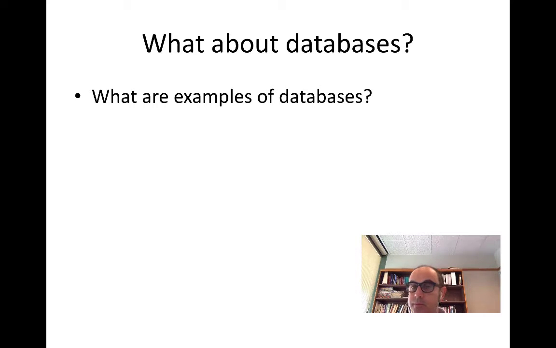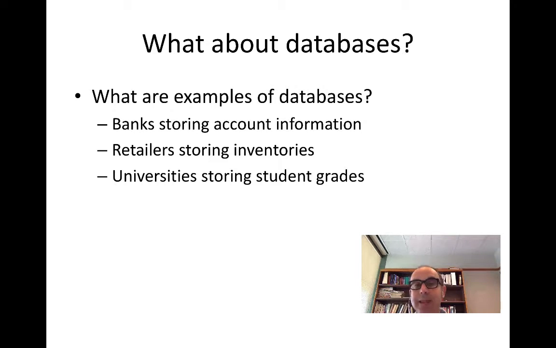But before we talk about searching in Google or in any other place, we need to talk about databases. And what are examples of databases? Usually a database is not only Excel, but it's where banks store account information, where retailers store their goods, or investors, or universities scoring student grades.